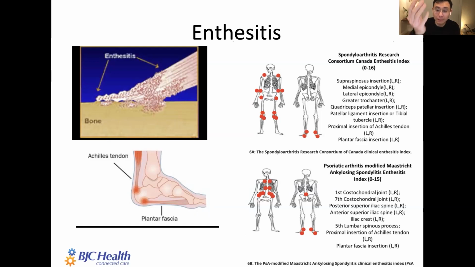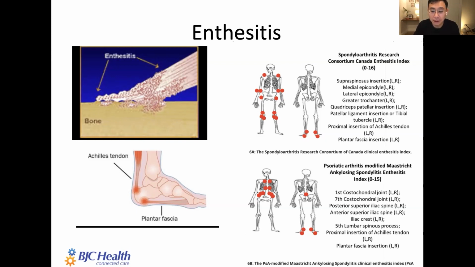You can get it around the elbow, where the big muscle sticks onto the bone. When that happens on the outside of the elbow, we call that tennis elbow. When you get it on the inside, we call it golfer's elbow. But it's not a mechanical cause of tennis elbow or golfer's elbow. It's an autoimmune cause. So you get it in a lot of places.